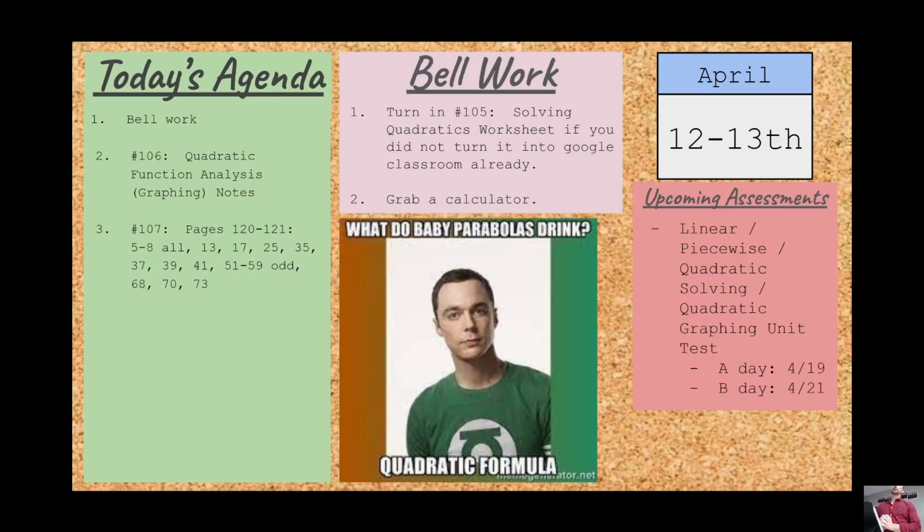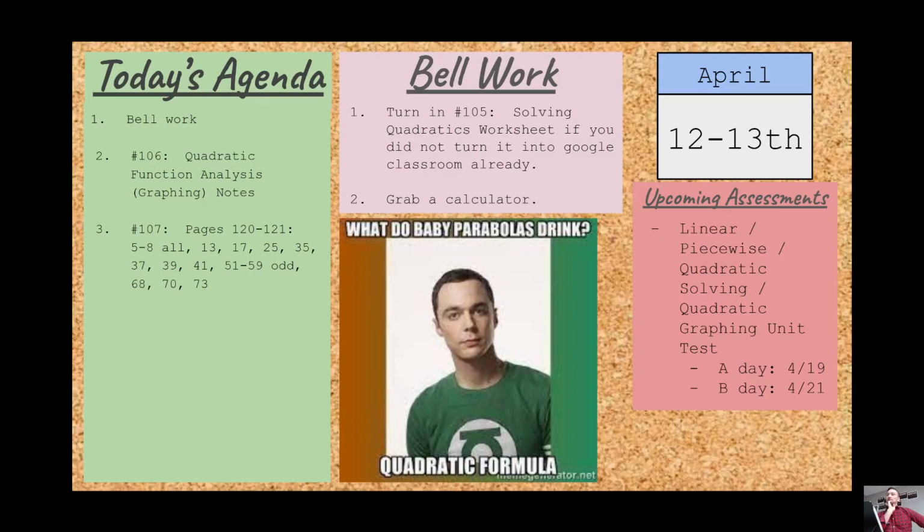And last time I saw you guys, we did quadratic solving with a heavy emphasis on quadratic formula, but we did talk about the other methods as well. And so then the last new piece of this is some quadratic function analysis, which is mostly about graphing quadratic functions.